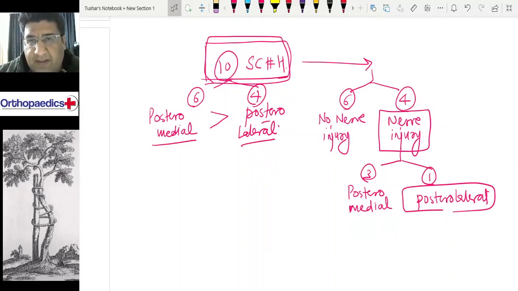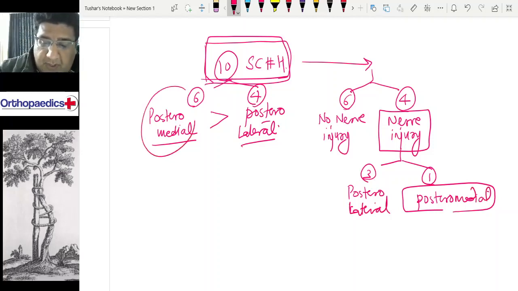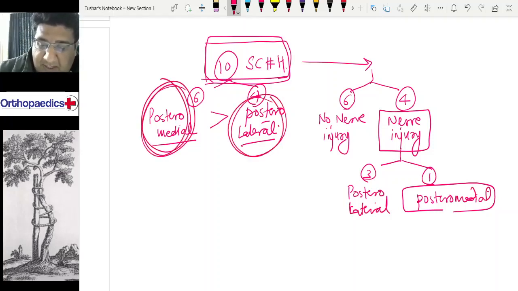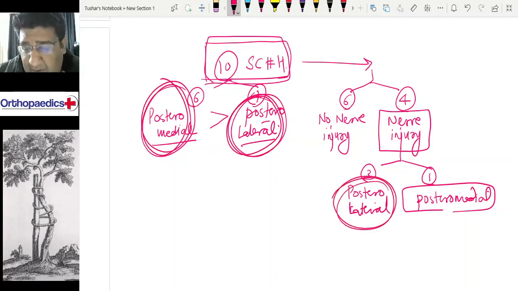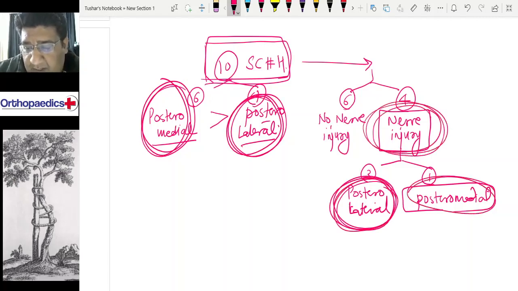It is a fact that posteromedial displacement is more commonly seen as compared to posterolateral displacement. But it is also a fact that a posterolaterally displaced fracture will complicate into nerve injury more commonly as compared to a posteromedially displaced fracture.